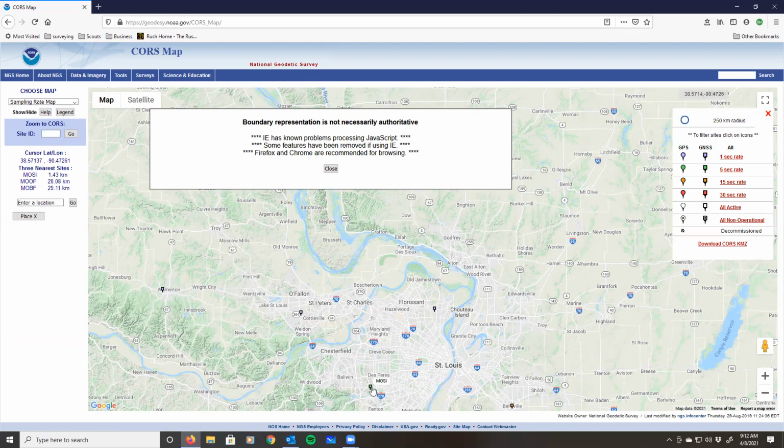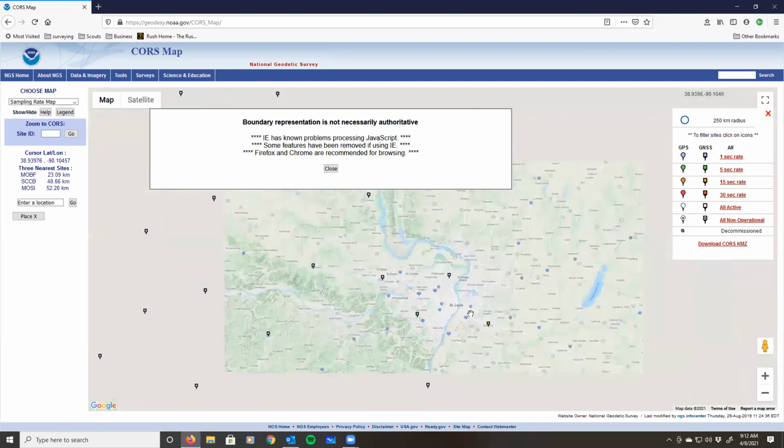The CORS stations that are available here, for example, MOSI, that's Seiler Instruments in Southwest St. Louis. You have the St. Clair County building, there's one there. The Madison County one's not available on the CORS map.